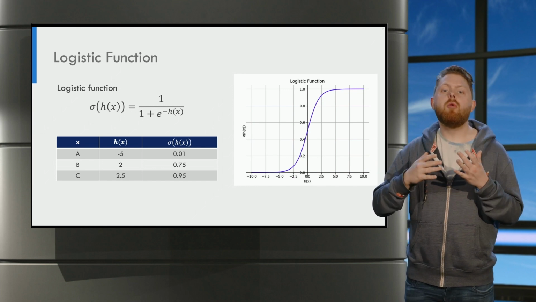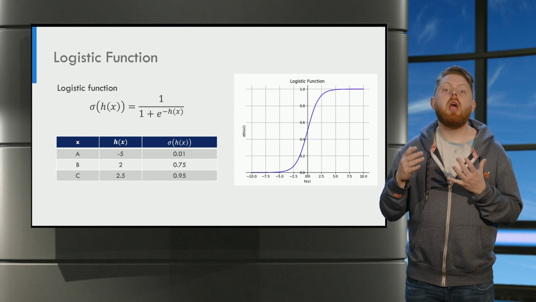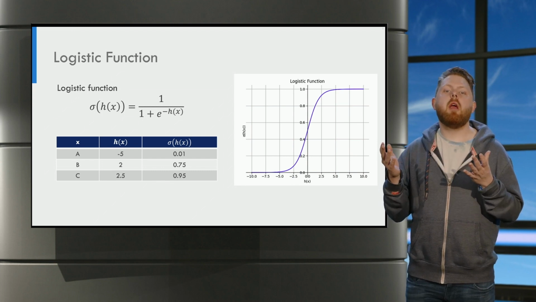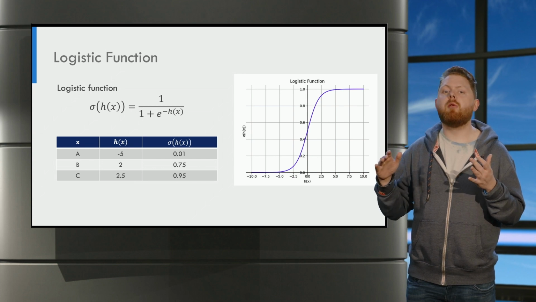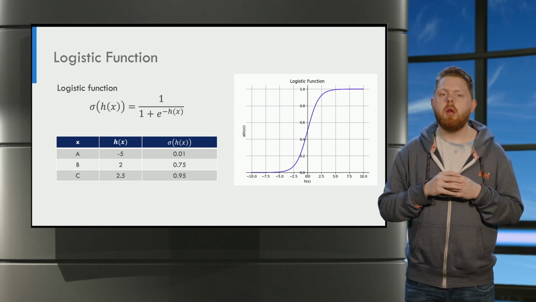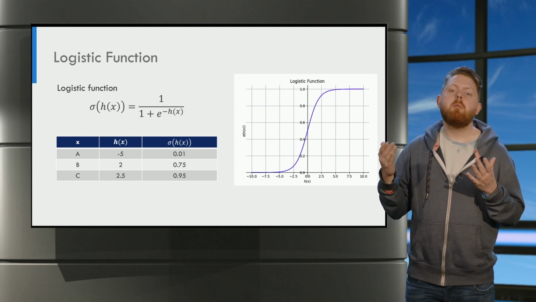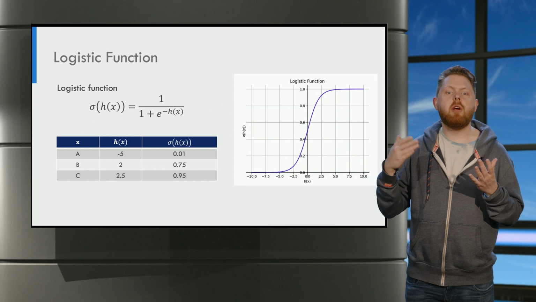If you apply it to a large positive number, it will be close to 1. In between, it goes in this S shape from 0 to 1. The output of the logistic function is a probability because it's always between 0 and 1.